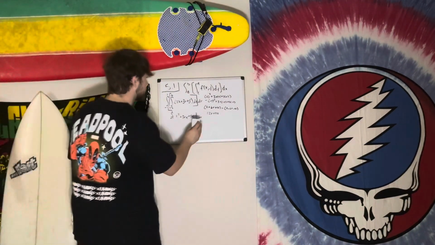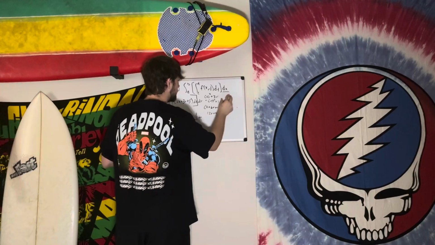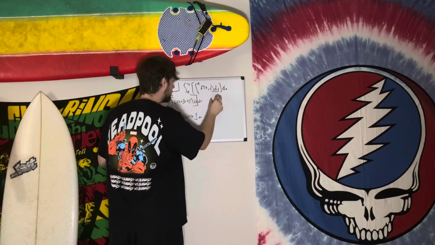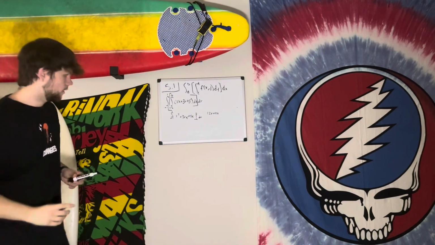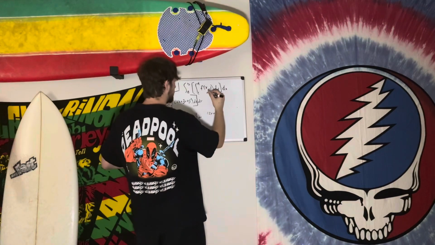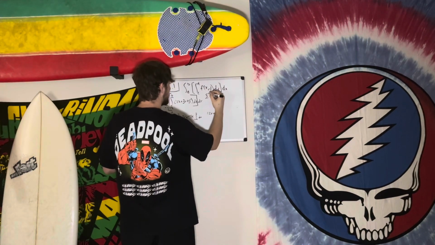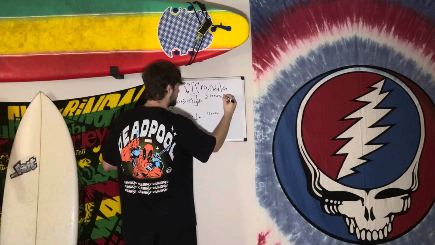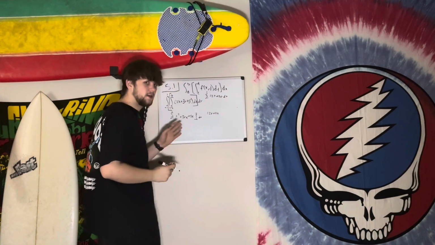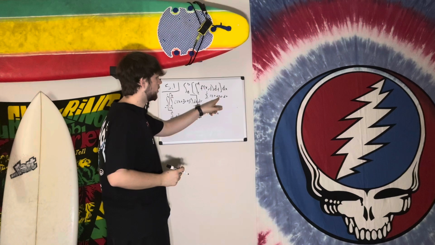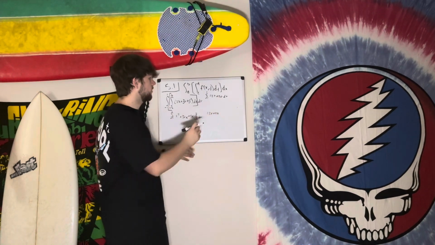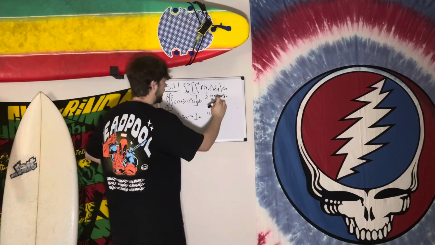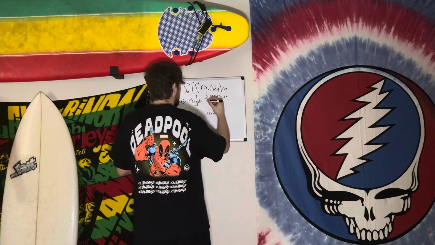I'm just going to erase this to get some more room. So now I'm going to just plug this into the function up here. So negative 1 to 1 of 12y plus 20 dy. So now the same thing that we did with the x's: any part that does not have a y, we'll just add a y because it's a constant.